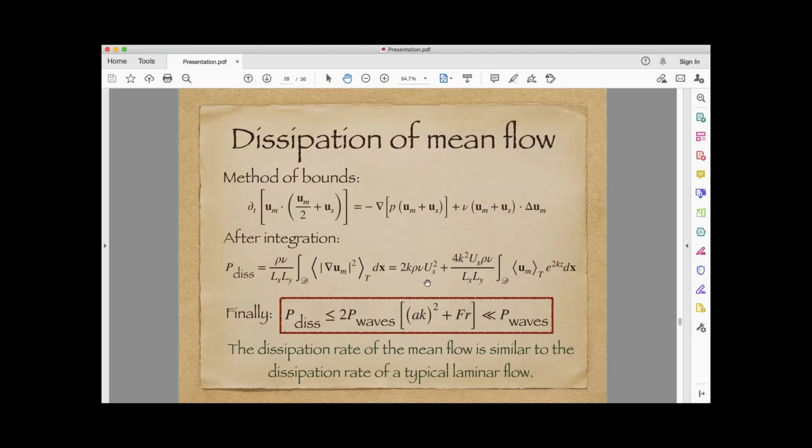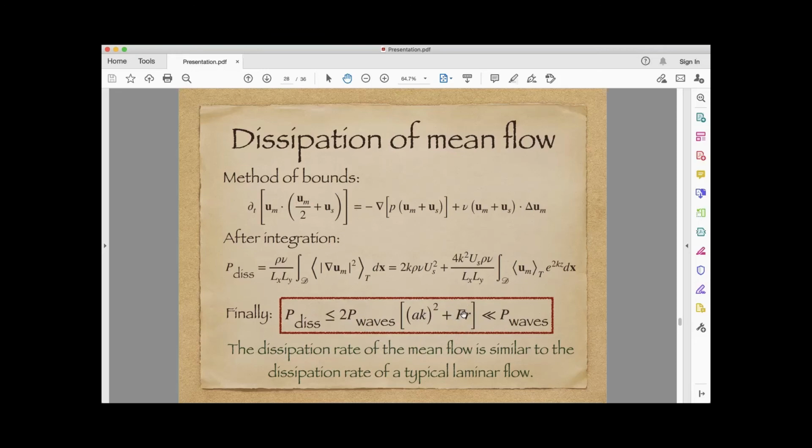This is what you get by analyzing these terms, and the fluid number is nothing but the maximum velocity of this mean Eulerian flow over the phase velocity of the propagating wave. So this fluid number is also of the order of ak squared.